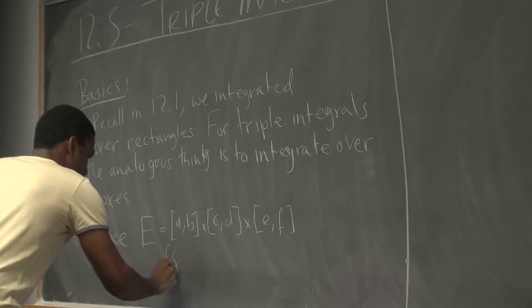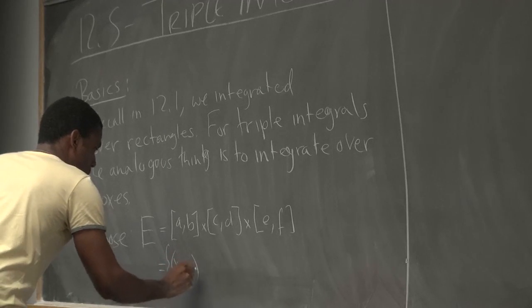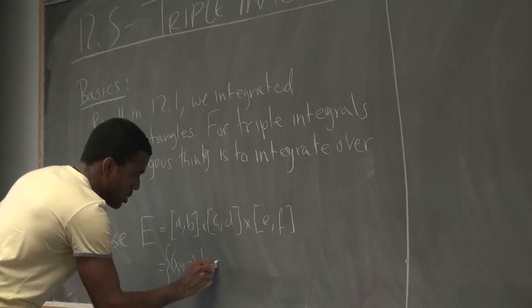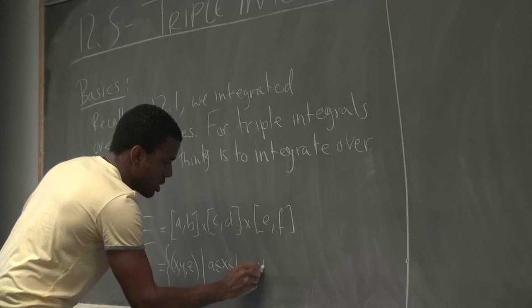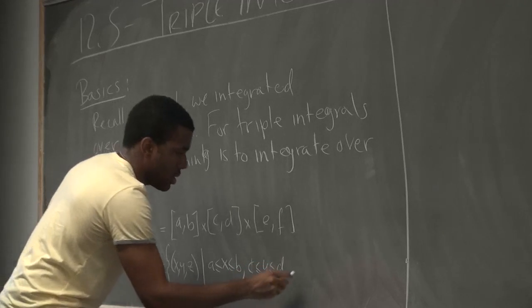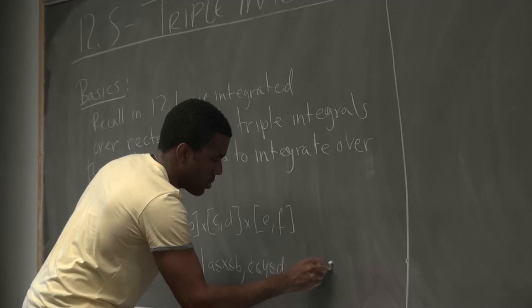That's just the set of all points x, y, z such that x is between a and b, y is between c and d, and z is between e and f.